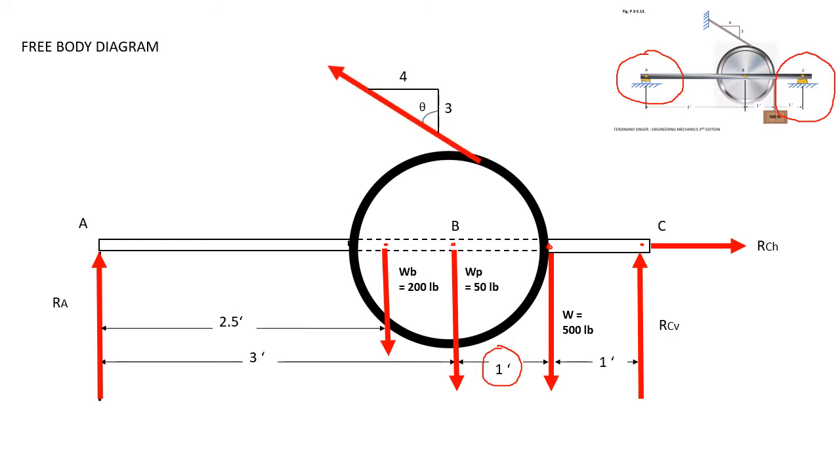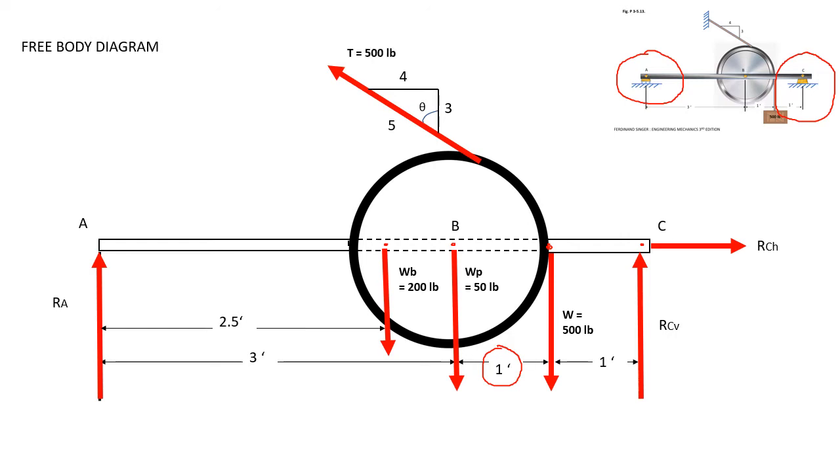So we have another force here, which is the tension force, and it has a slope triangle of 3, 4, 5. So it is a 3, 4, 5 triangle because if we take the square root of 4 squared plus 3 squared, we will have an answer of 5.